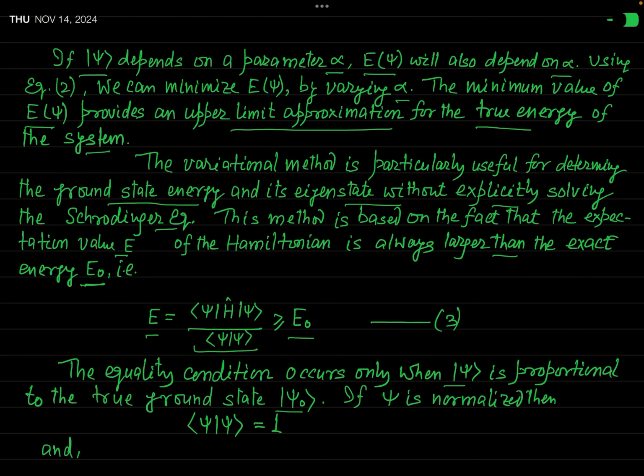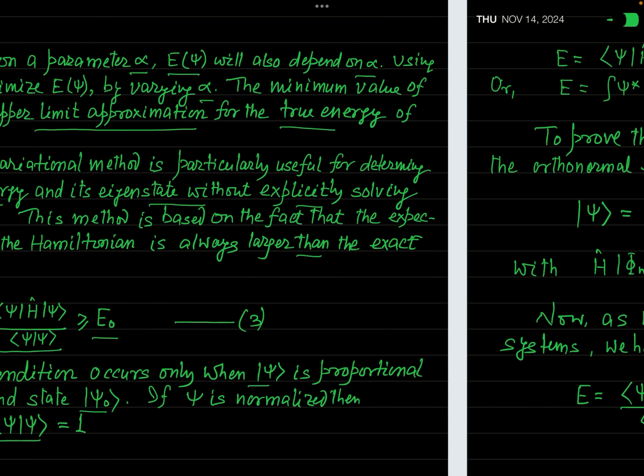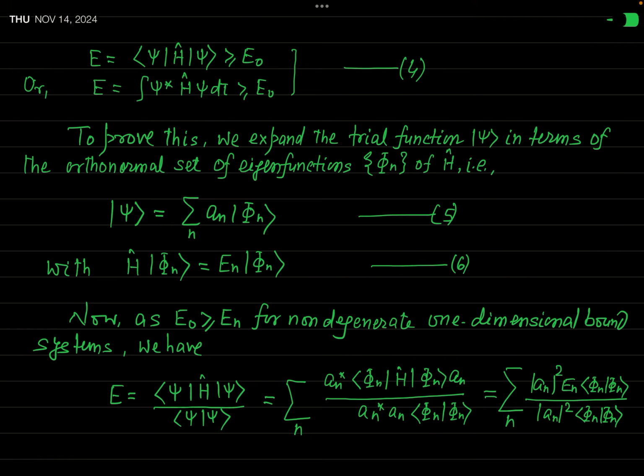And as I have told you, if psi is normalized, then this scalar product will be 1. And in that condition, the expectation value of energy E will be given by this. Okay. And in integral notation, this quantity, the expectation value of E, is defined by this: integral psi star H hat psi d tau, and that should be greater than or equal to E naught.